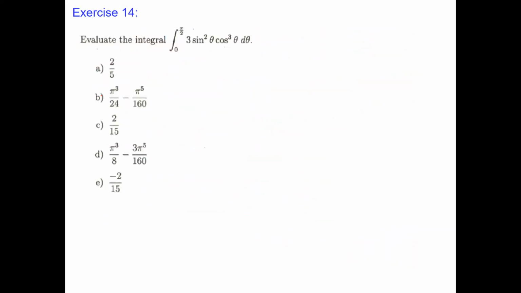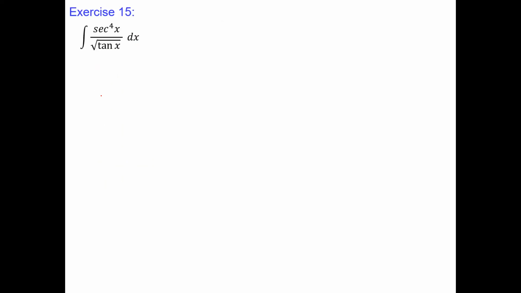Okay, secant square and cosine cube. I will actually leave this one for you. You may figure out, maybe u is sine of theta, maybe u is cosine of theta. You will figure out. Okay, that means this will be the last one.